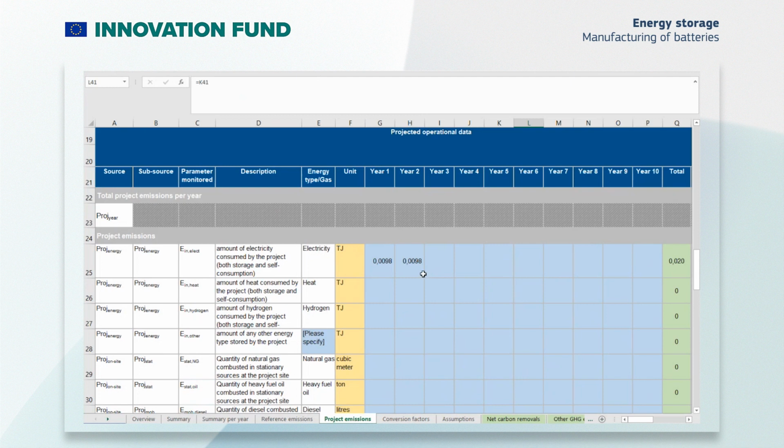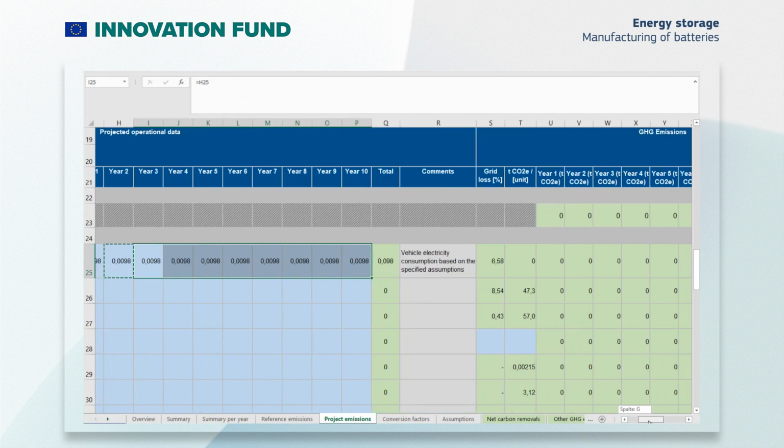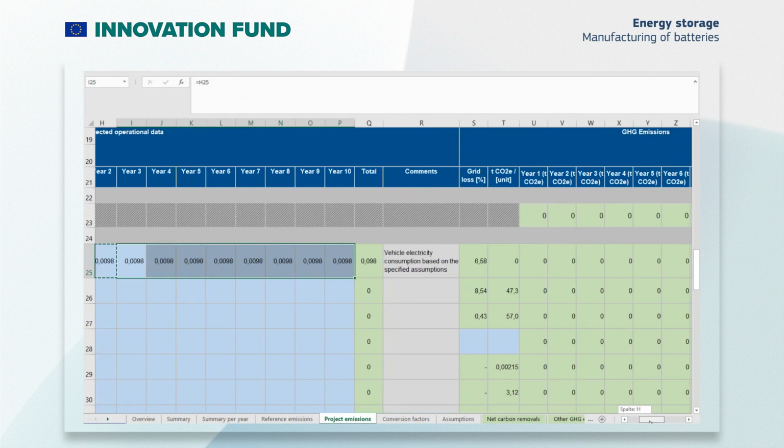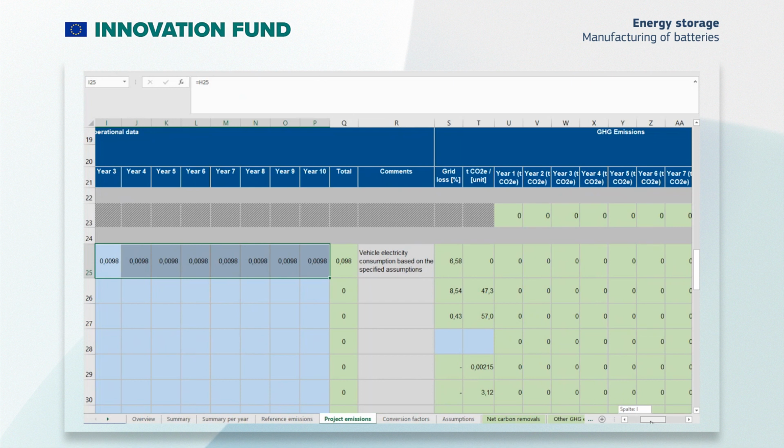Assume it to be the same for all years again. I end up with the same total consumption. In turn, the calculated emissions remain zero in this case, because the emission factor for electricity consumed by the project is zero by default, as can be seen in the Conversions tab.